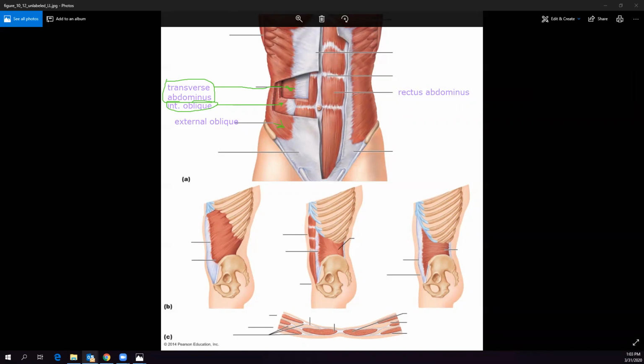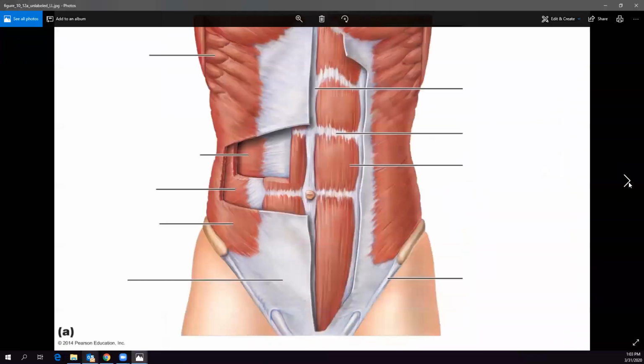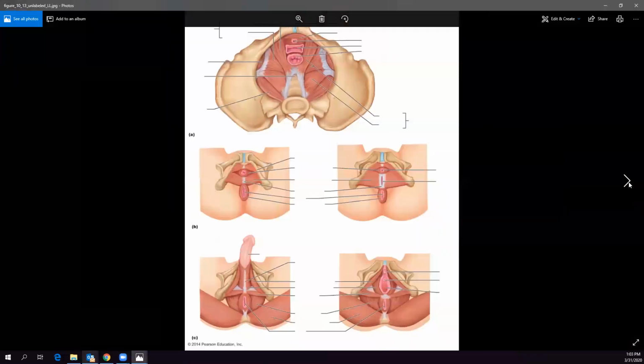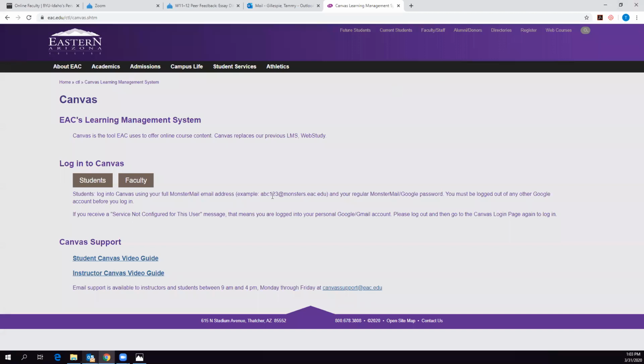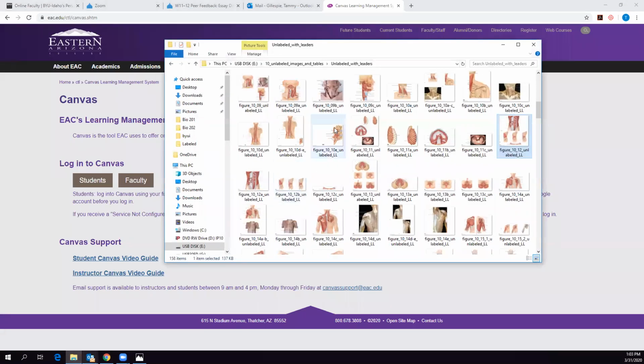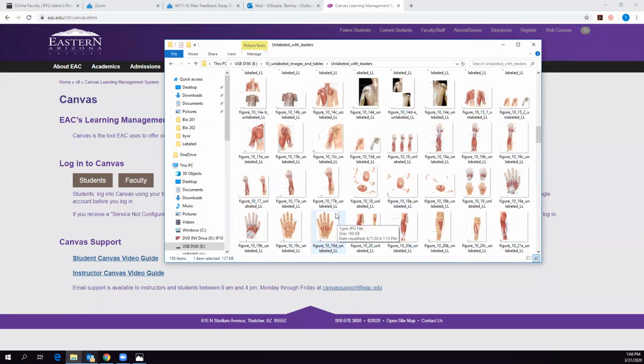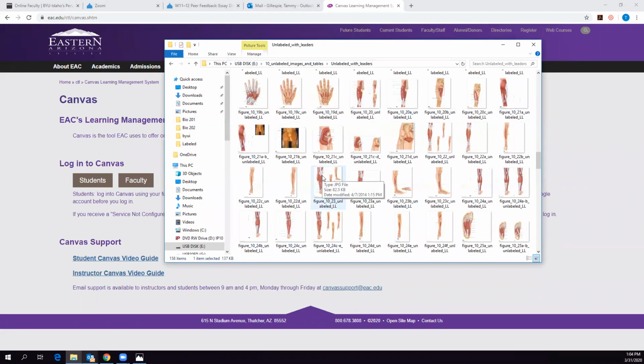All right, now let's go on into your leg. Sorry about that. Okay, so we need to do the back. Let's find our back muscles.